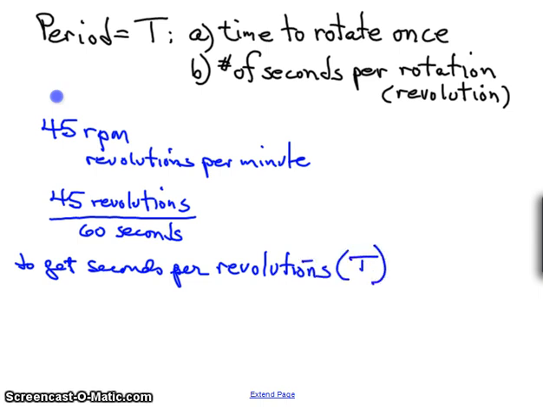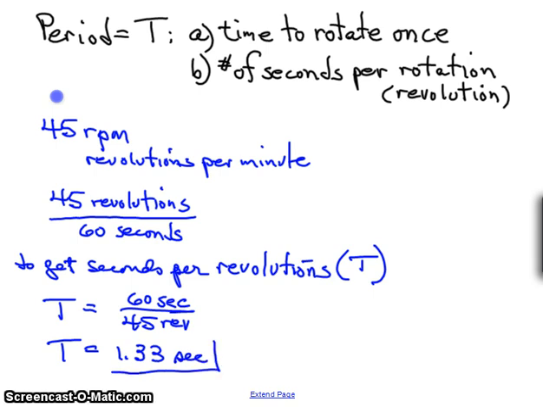That would be our capital T. Capital T is then going to equal 60 seconds divided by 45 revolutions, which, if you do the math, T then becomes 1.33 repeating seconds.